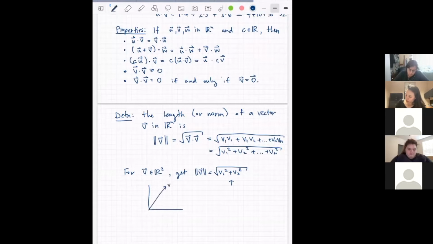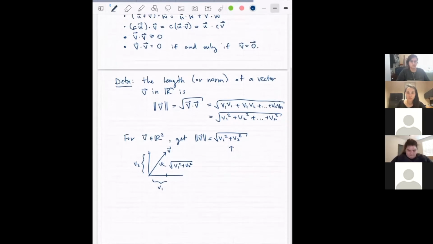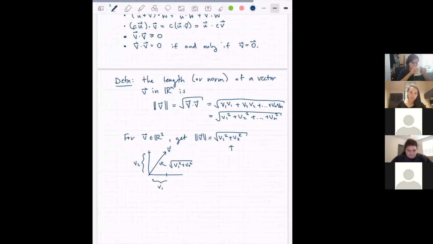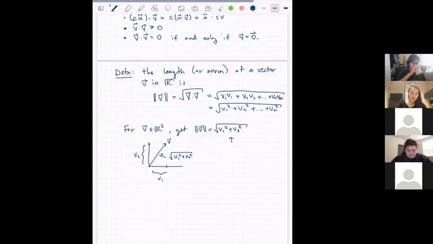If this is our vector v with components v1 and v2, then the length is the square root of v1 squared plus v2 squared. So this is our definition.